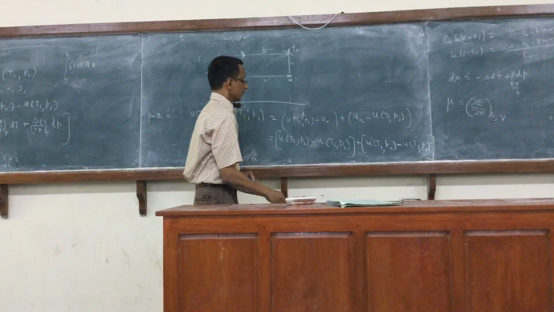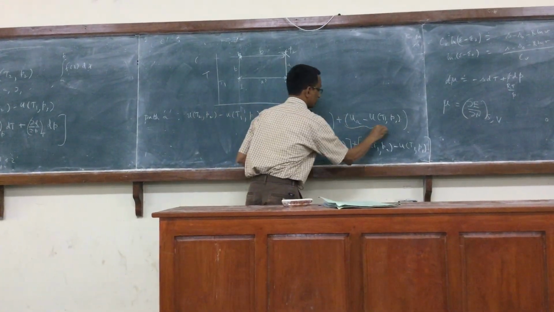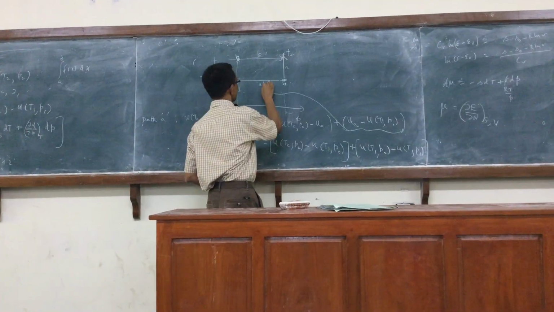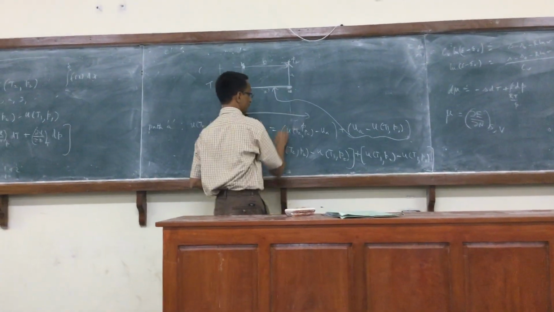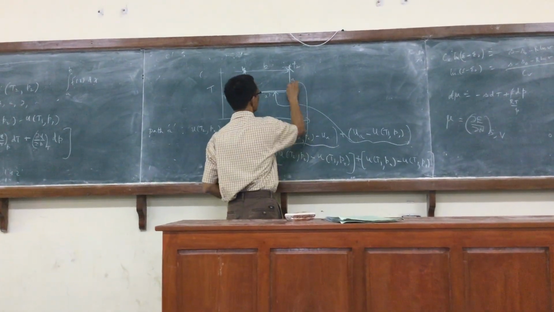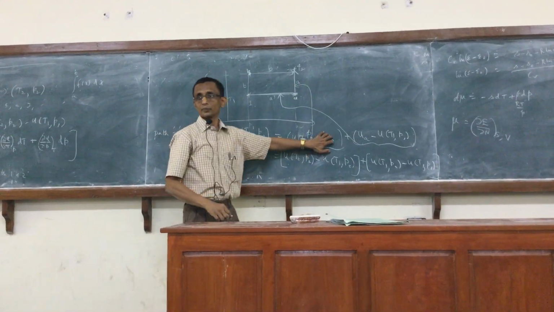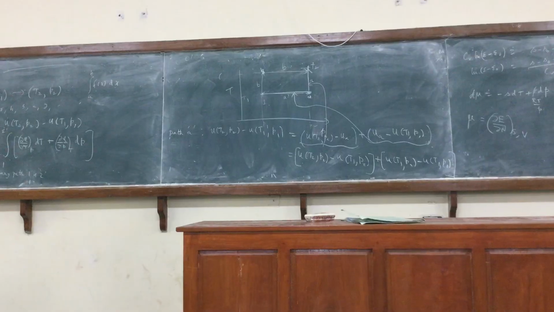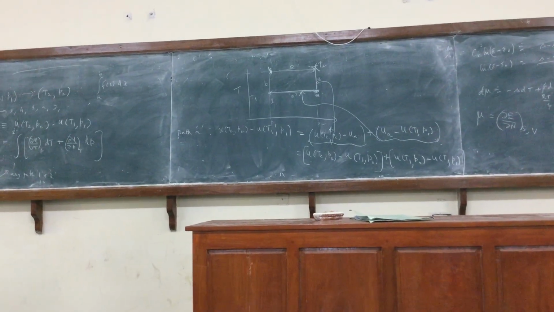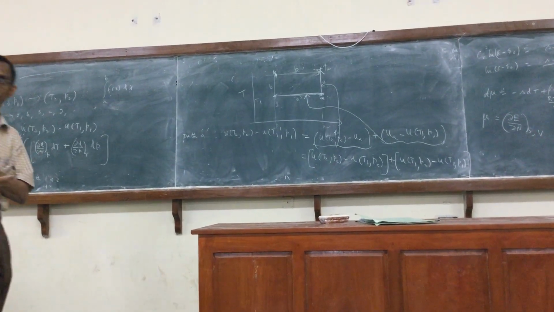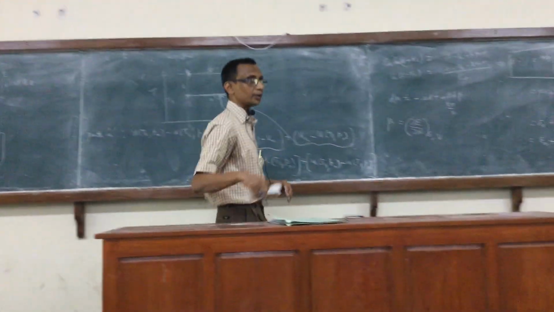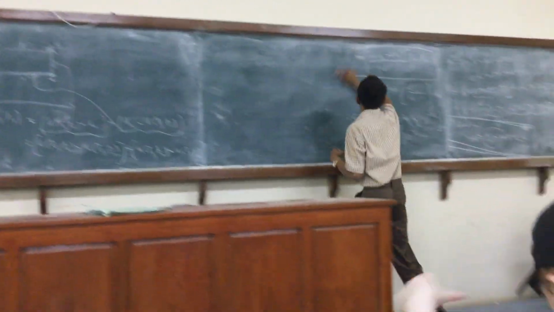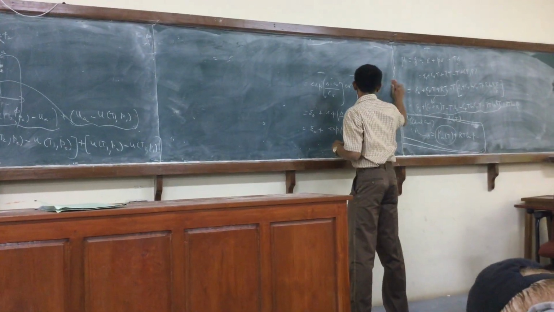So clearly this difference corresponds to this segment, and this difference corresponds to this segment. So I am writing this difference as a sum of two differences. What is the advantage of doing this? Some advantage, because rather than one term, I now have to deal with two terms. So now I will write this in the following way.